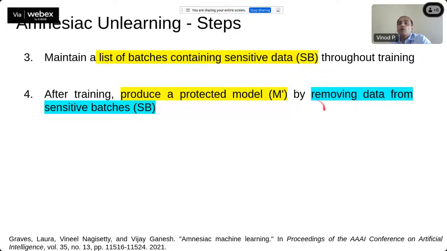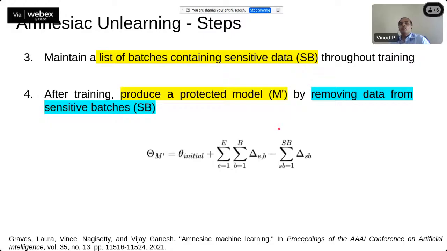So effectively we would like to remove all sensitive data, or the knowledge about sensitive batches, from the original model M to build a new model M dash. And again I recall that the definition of a sensitive batch is a batch that contains a sensitive data point.